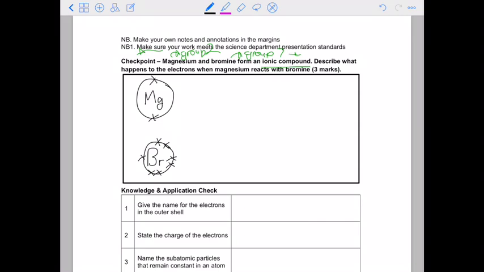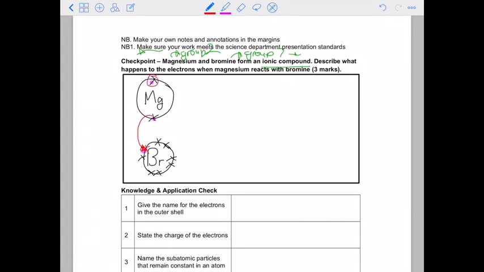So you've probably seen that magnesium wants to get rid of these 2 electrons, and bromine has a nice empty hole here for that electron. So magnesium will give 1 of its electrons to bromine so that this bromine is now happy and content and stable with its full outer shell.